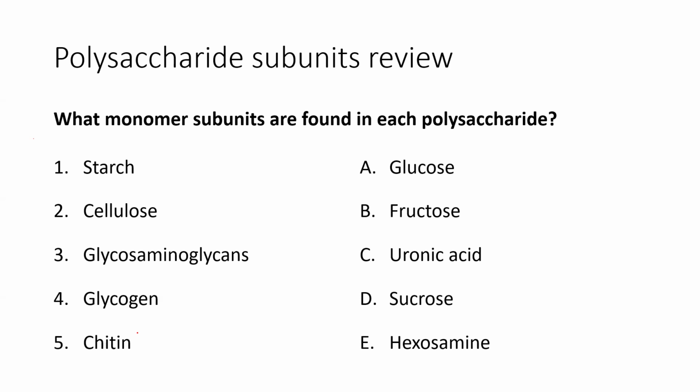All right, so hopefully that should be enough time to figure out which subunits are in which polysaccharide. Let's get started at the top again with starch. What are the monomers that are in starch? It's glucose, right? Yeah, it's glucose.